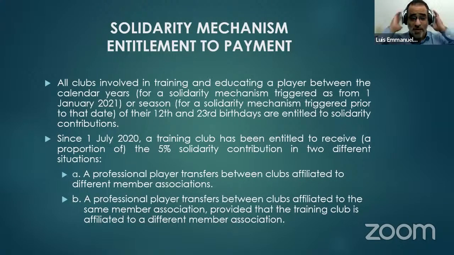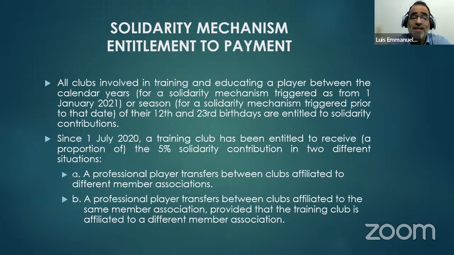So, entitlement to payment. We spoke about this at the beginning of the session, but we'll go again in a little bit more detail. All clubs involved in training and educating a player between the calendar years of their 12th and 23rd birthday are entitled to solidarity contributions.